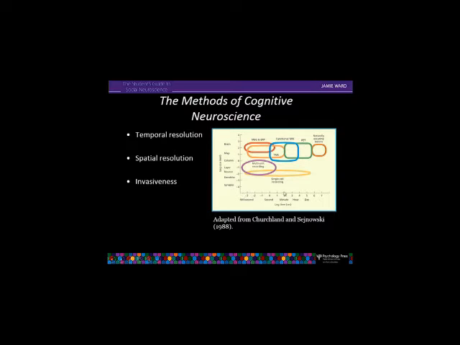So something like fMRI happens in the order of tens of seconds. Tens of seconds is seen as being the temporal resolution. So that's pretty slow in cognitive terms. So fMRI is sluggish, and it operates at about a millimeter level there. I won't go through all of these.